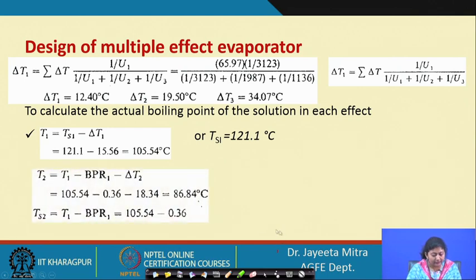Similarly, T2 we have calculated: T2 was T1 minus boiling point rise minus delta T2, and that we are getting as 86.84. So, T2 is 86.84, and Ts2, the condensate from the second effect, will be T1, that means what is entered, minus BPR1, the boiling point rise. So, that we are getting 105.18.